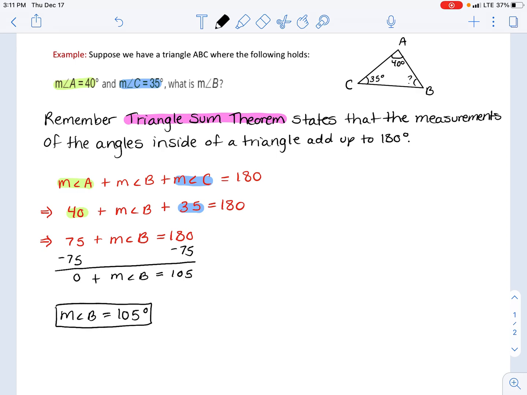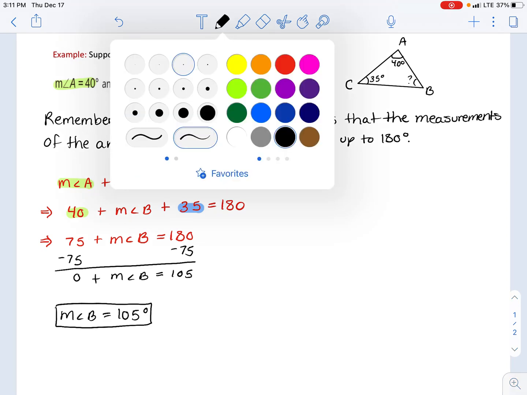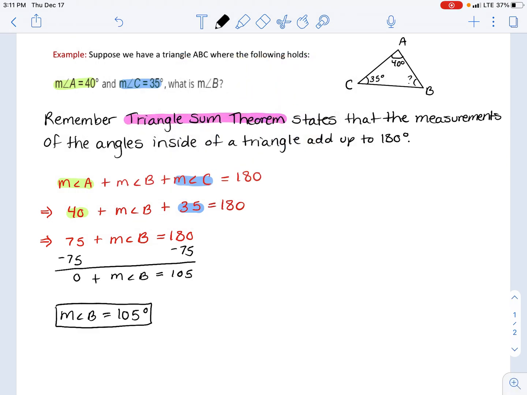And so if you need help doing this on your own, basically to just outline over here on the side, what we did is here I set up the equation using the triangle sum theorem.